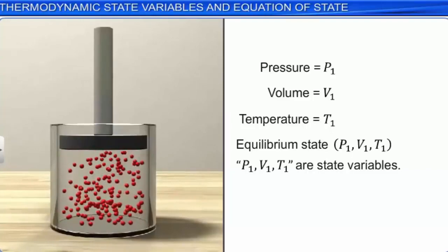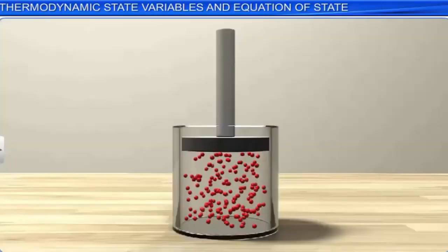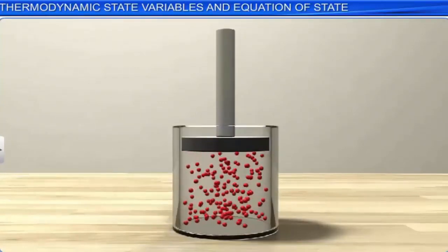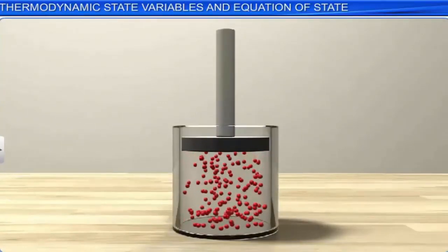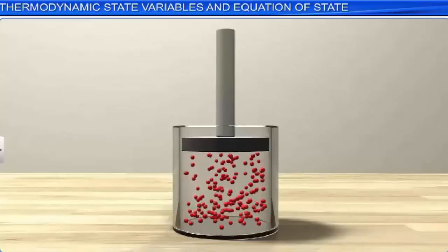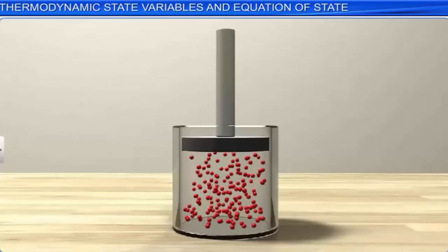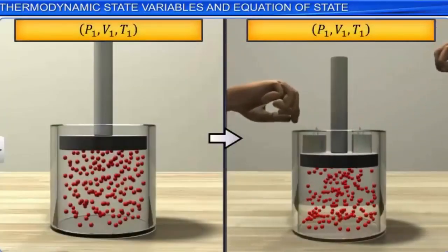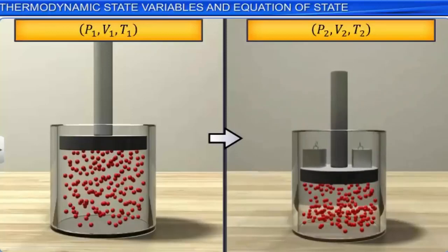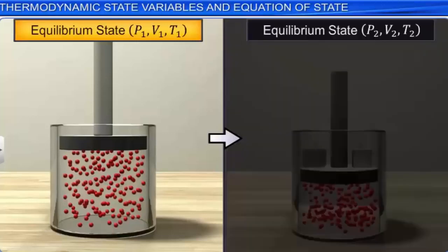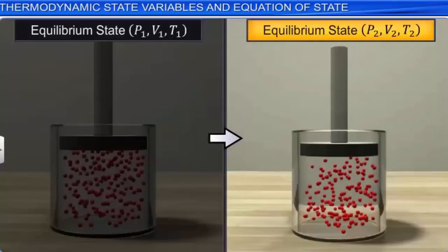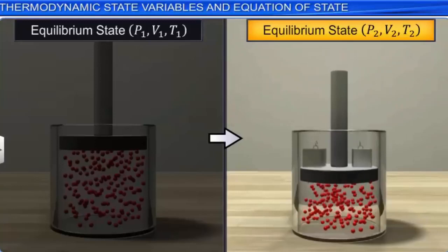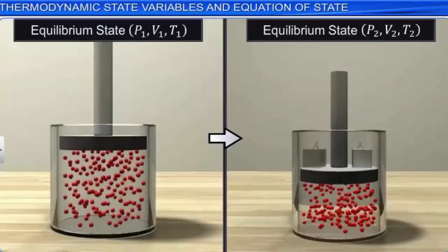During any thermal process, if the equilibrium state of a system is changed, this is described by a change in the values of the state variables. If the gas in the container is compressed, and as a result the pressure, the volume and temperature of the gas are changed from P1, V1, T1 to P2, V2 and T2 respectively, then the new equilibrium state is expressed by P2, V2, T2.